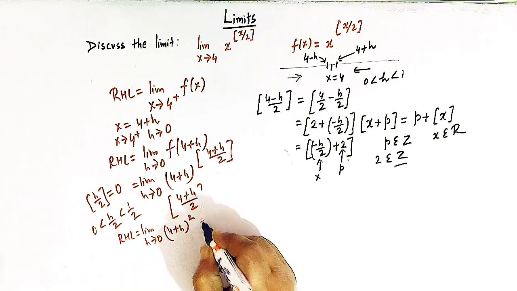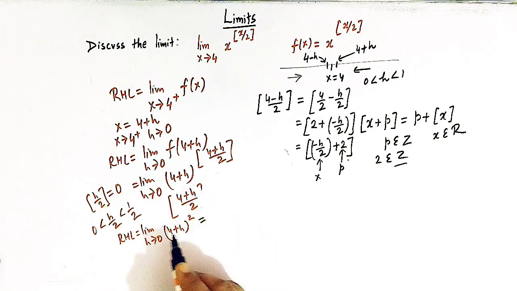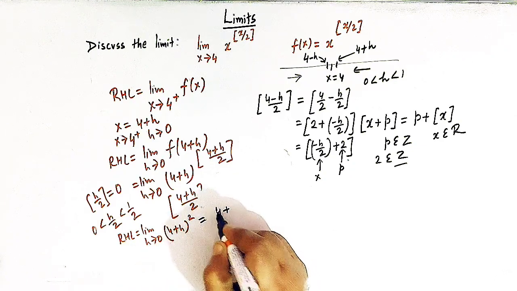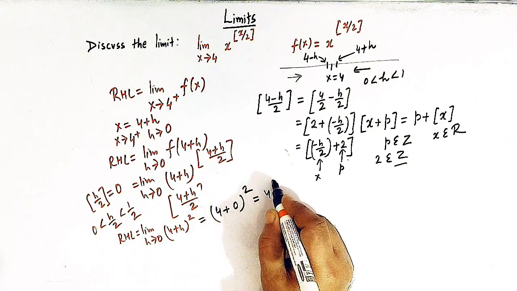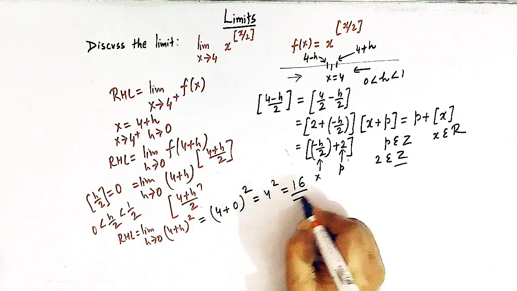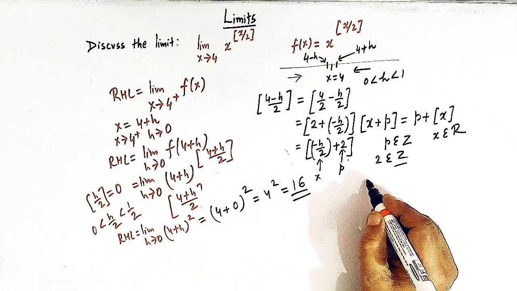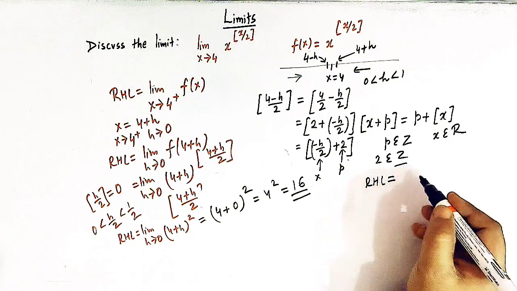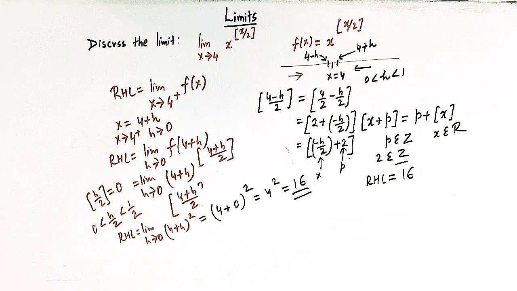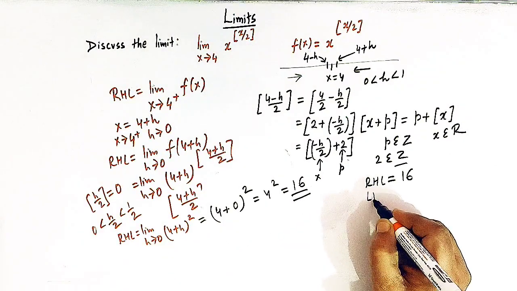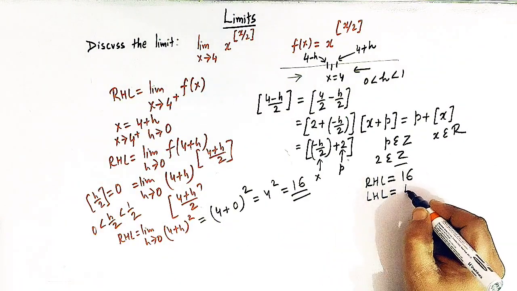So now we can take here h equal to 0. So we have 4 plus 0 raised to 2. So this is 4 square, that is 16, right? So the right hand limit is equal to 16, and the left hand limit is equal to 4.